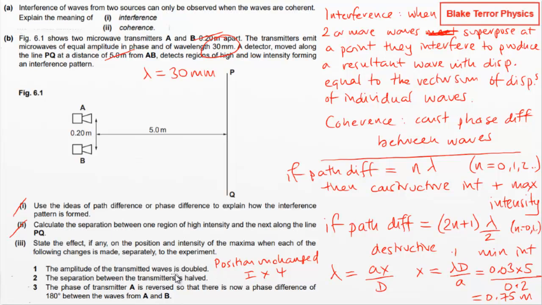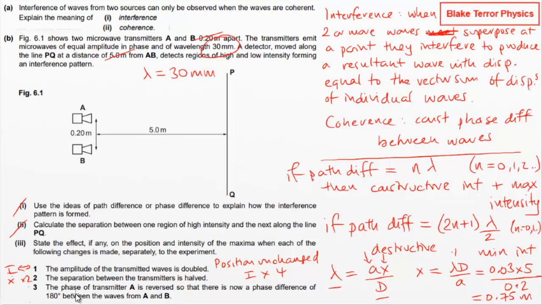Separation between the transmitters is halved: the intensity is unchanged, but the separation of the maxima, the distance between the fringes, is going to have to double, because if we've halved this, we must double that. So we need to say x is times 2.